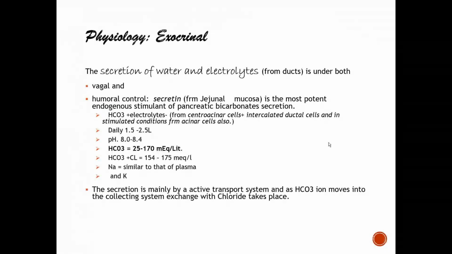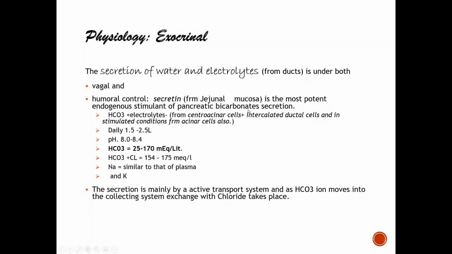If we look at the water and electrolytes of the exocrine component, it is under vagal and humoral control. The vagus supplies both the enzymes and water and electrolytes, but if you look at the water and electrolyte part of the pancreatic secretion, it is largely determined by the secretion of secretin from the jejunal mucosa, the most potent endogenous stimulant of pancreatic bicarbonate.